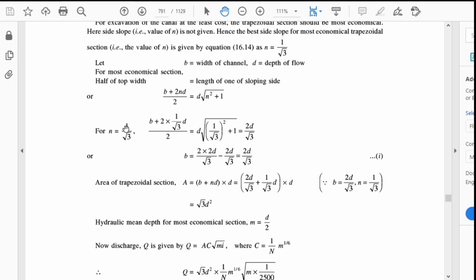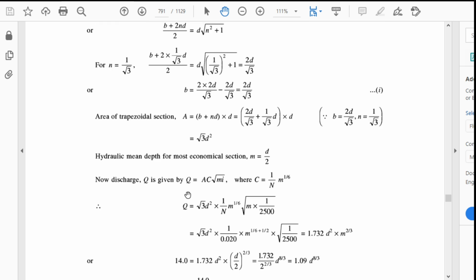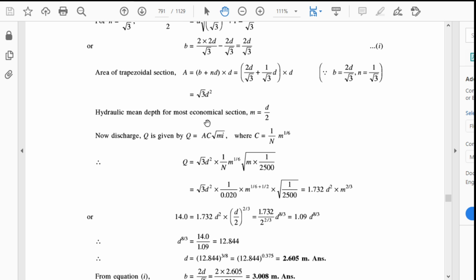Okay, the value of I is already given. In the problem, I is given as 1 divided by 2500. Okay, so all the values in terms of d we have calculated. But here Chezy's constant is not given. Instead of Chezy's constant, they have given Manning's n.